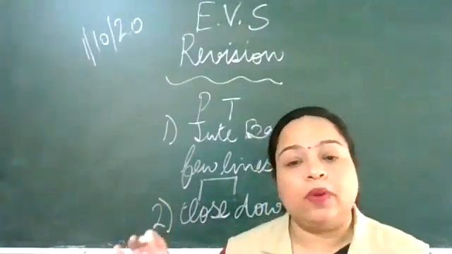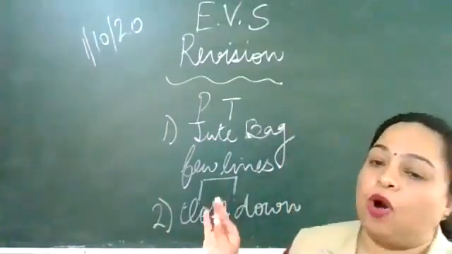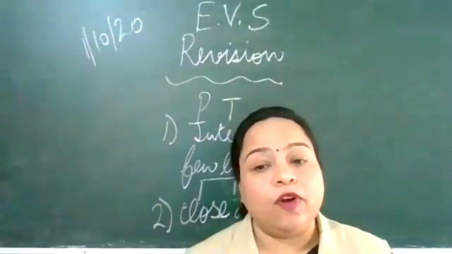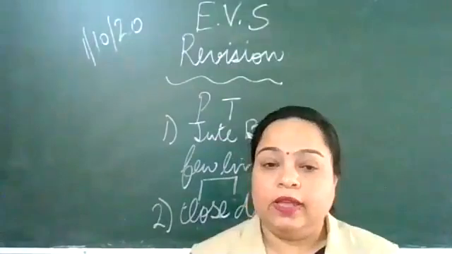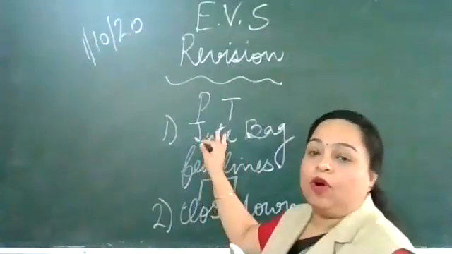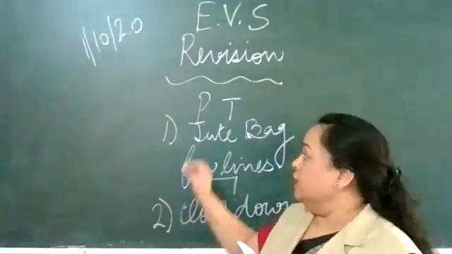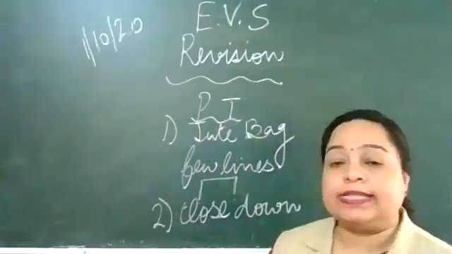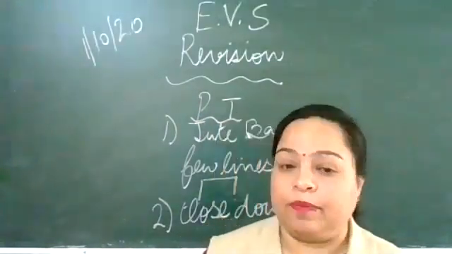Write a few lines about it and paste pictures to verify your answer. Apart from pasting pictures, you can draw also. So this is the first type of project. This is how you have to do it. So this is the periodic test 1 project.